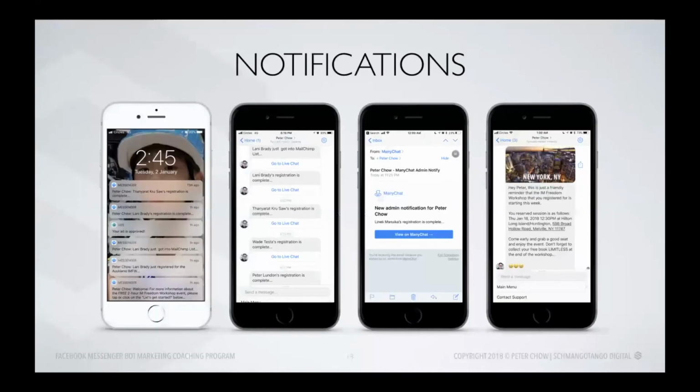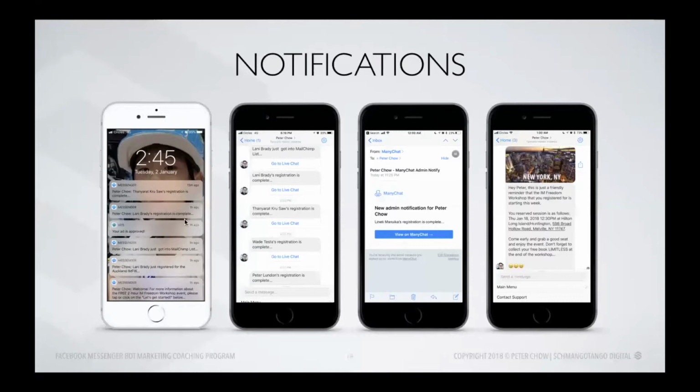Okay, the last part that I want to go into is the notifications that the Messenger platform, whatever we are doing with ManyChat as well as Messenger, is able to provide us, to keep us informed of everything that is happening through our mobile phone.